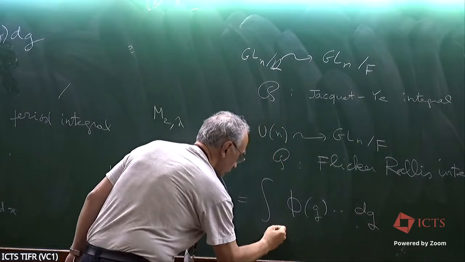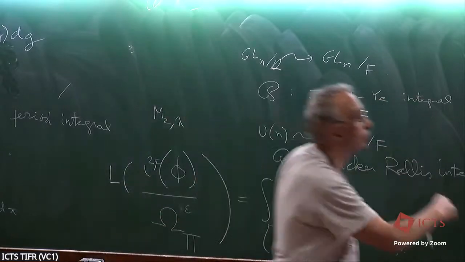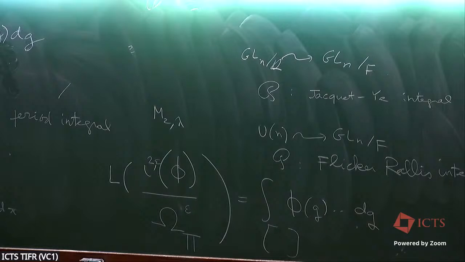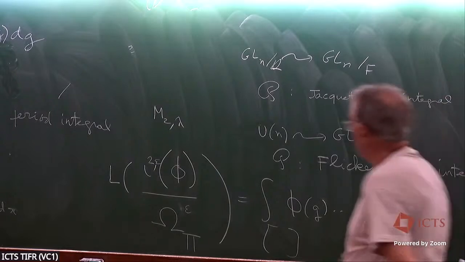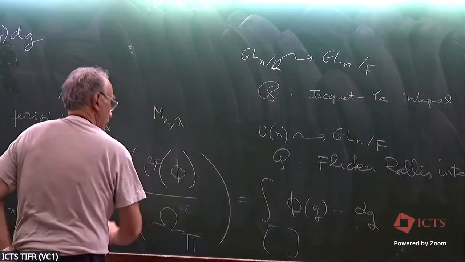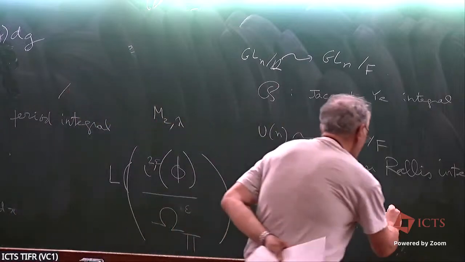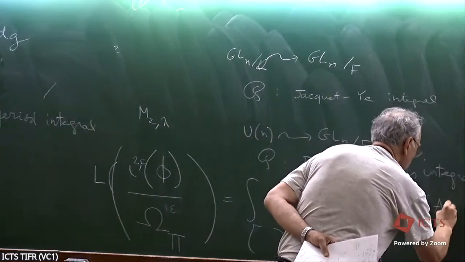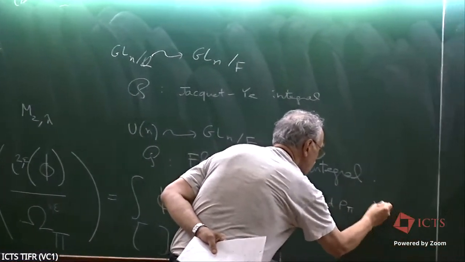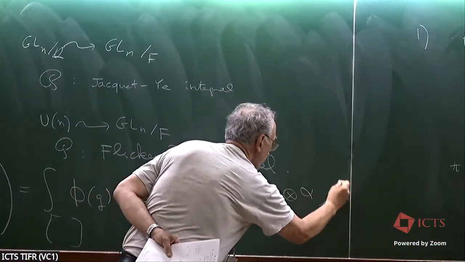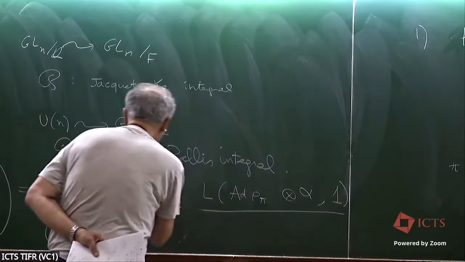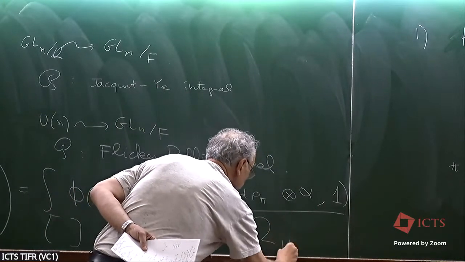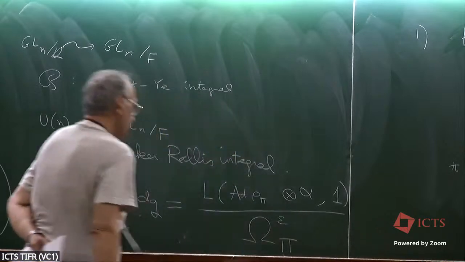And this is with this space here. And this calculation has been done by Hida. And the result is that you find L of adjoint rho pi tensor alpha at 1 divided by these periods. Divided by this period, omega 2 epsilon.